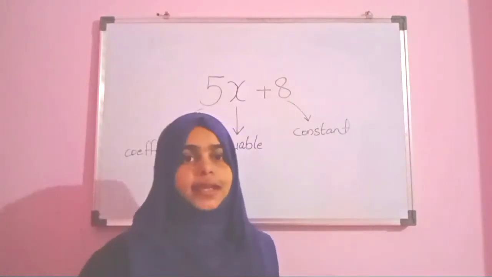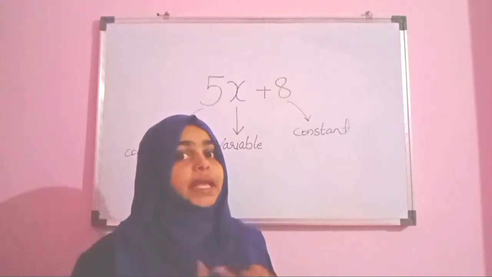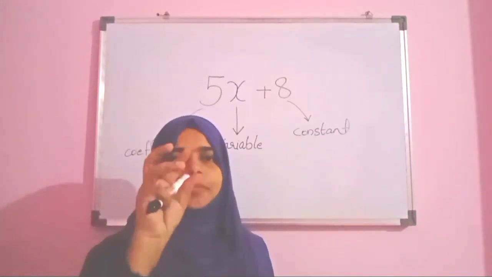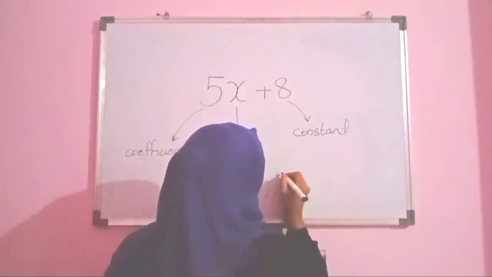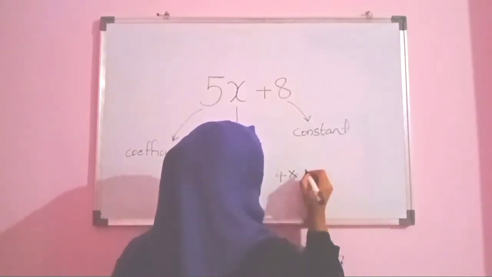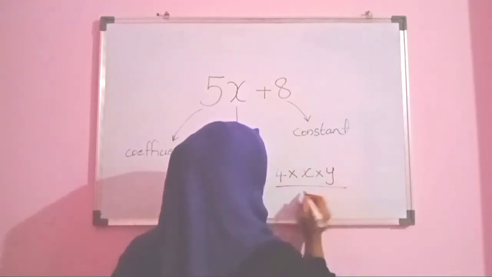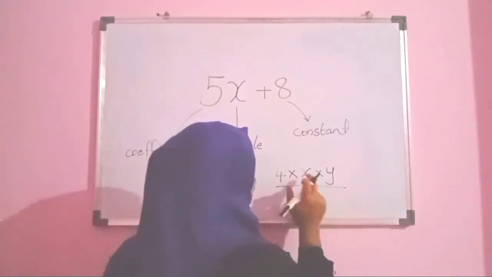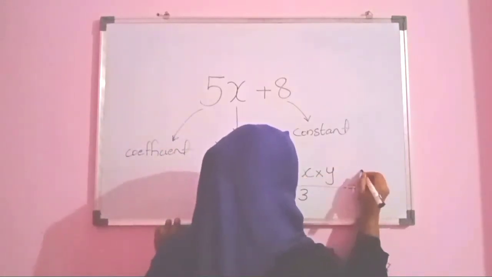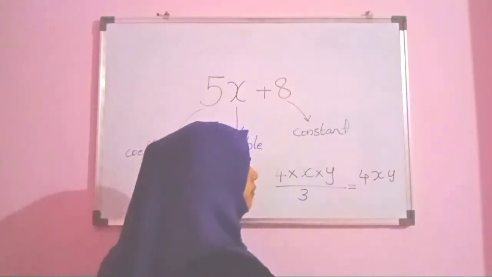In an algebraic expression, when we connect variables and numbers using multiplication and division, it becomes a single term. For example, when we multiply 4 into x into y, whole divided by 3, we can connect it as 4xy whole divided by 3.